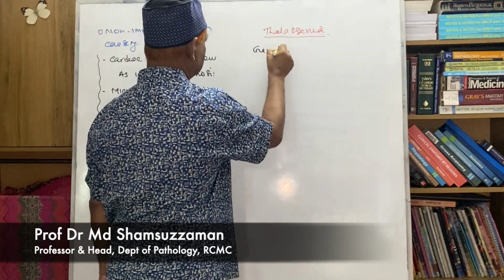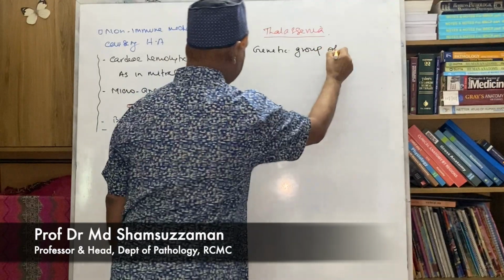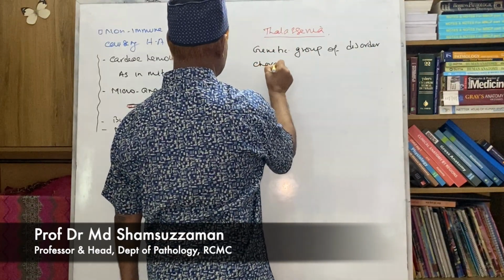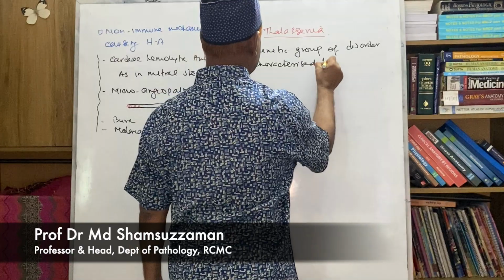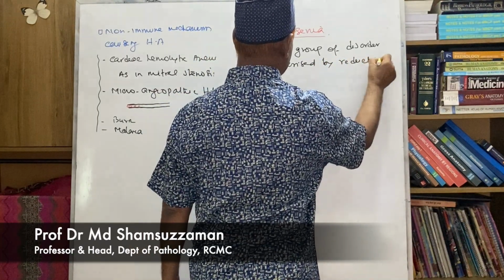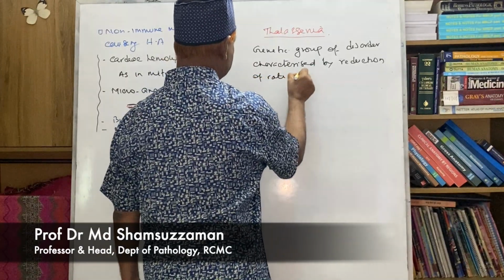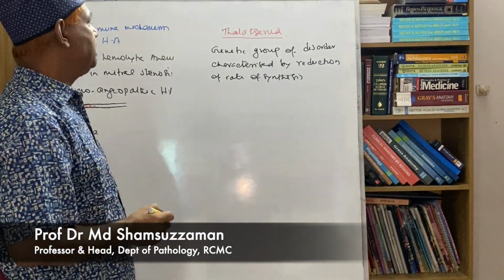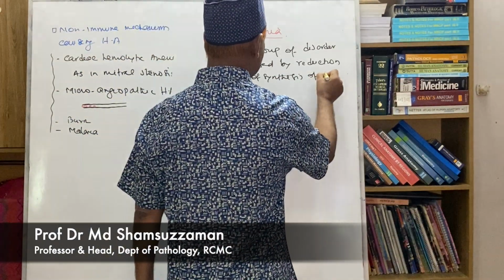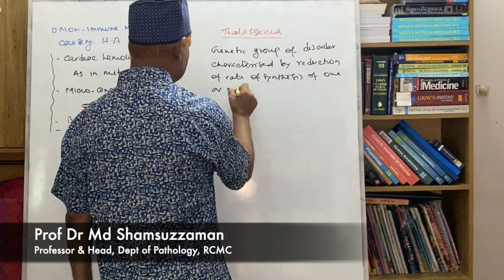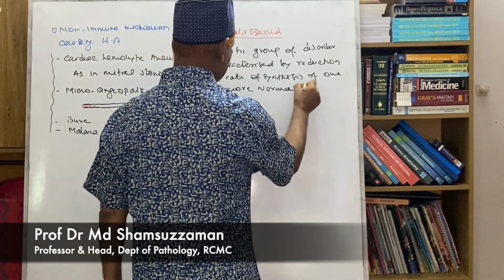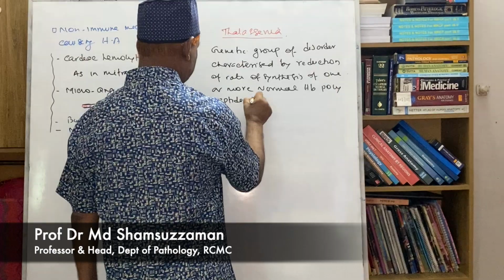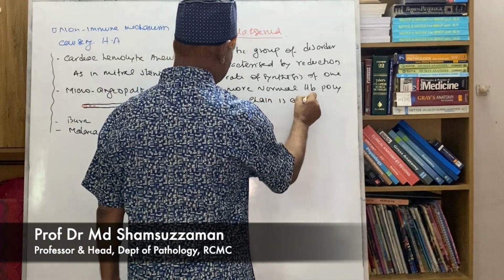Genetic group of disorder or disease characterized by reduction of rate of synthesis of one or more normal hemoglobin polypeptide chain is called thalassemia.